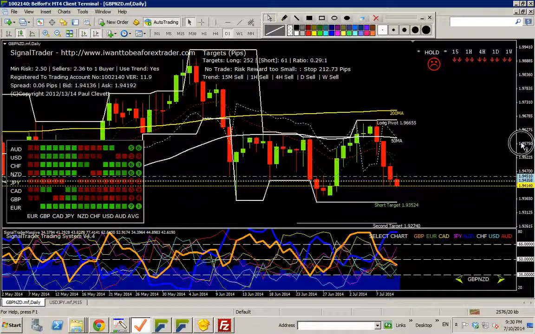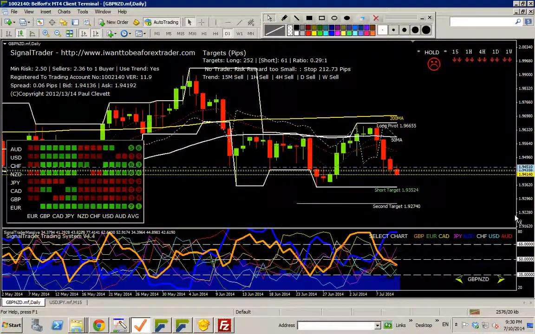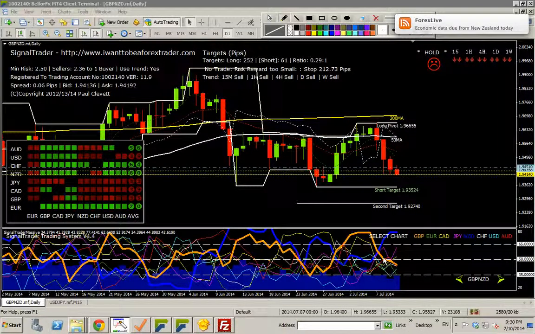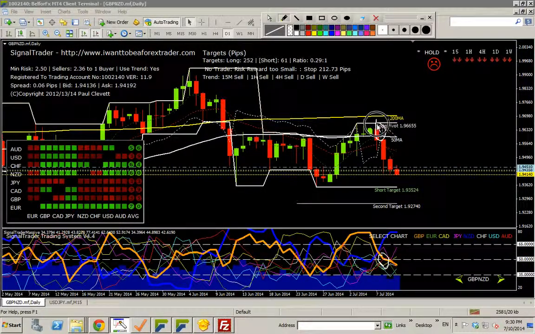Scrolling through. Here's one with a short target. Let's look for a cross. Here's a cross. If you look up here, you see it's below the 50 period moving average. I probably would have taken a trade here, and that's its target down there, and it's nearly at the target.